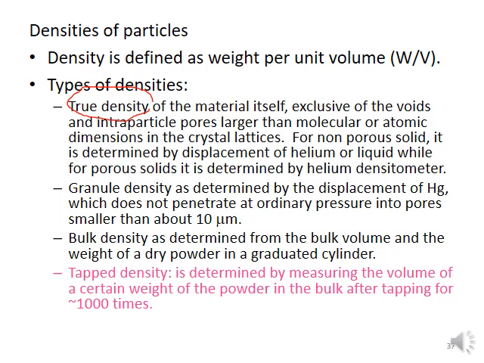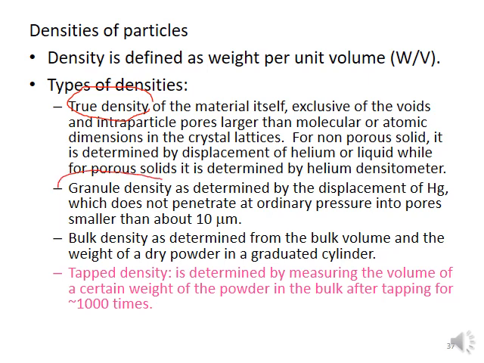If the powder is non-porous, then the true density can be determined using either the helium or liquid displacement method. For porous powder, we need to use the helium displacement method because the helium molecule is extremely small and can access pores.